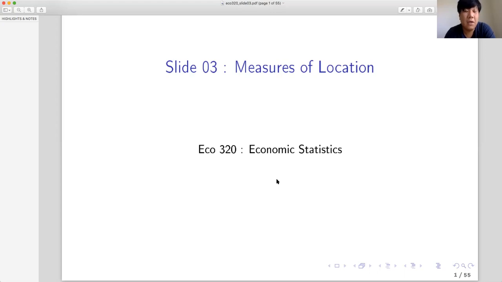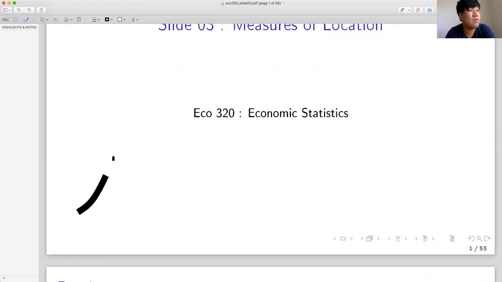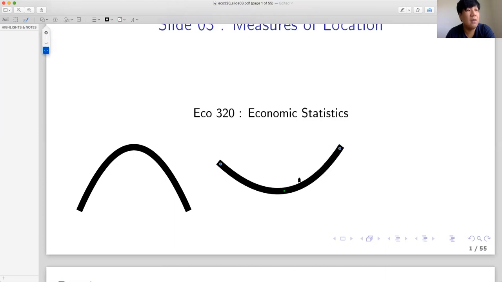For example, given the same average, some data might be widely distributed. There might be more people at the bottom or top than around the middle, which we will show you later, but this is just a preview. Sometimes the data would look like this, but sometimes like this. They might have the same average in both data sets, but this one is more widely spread.